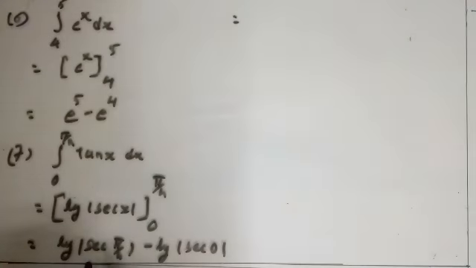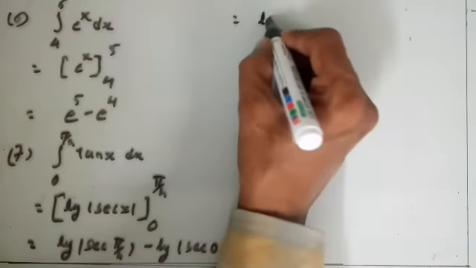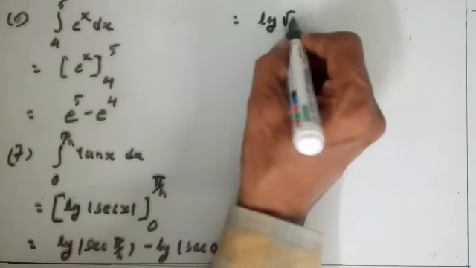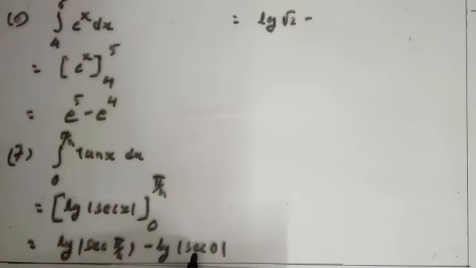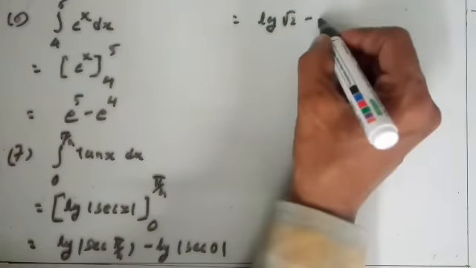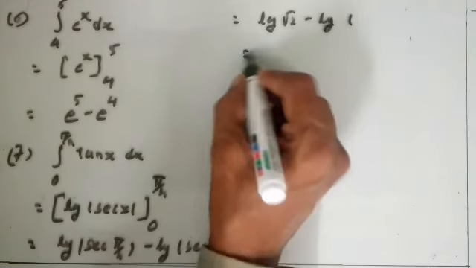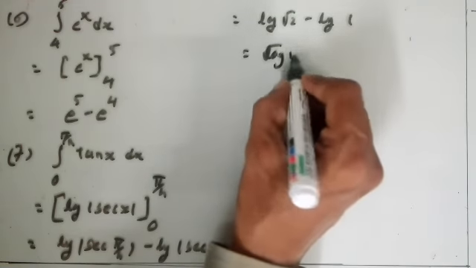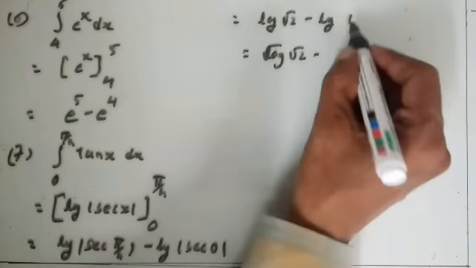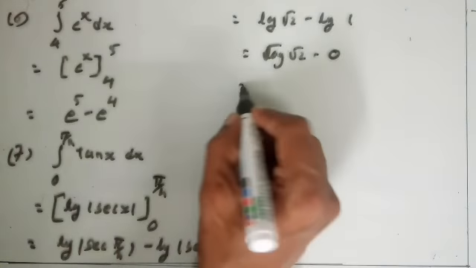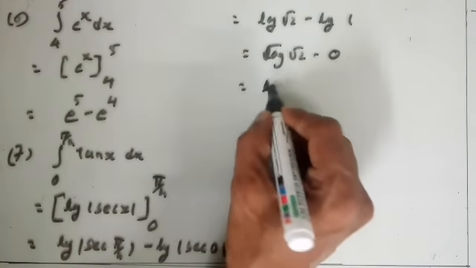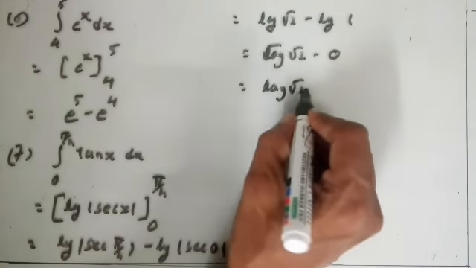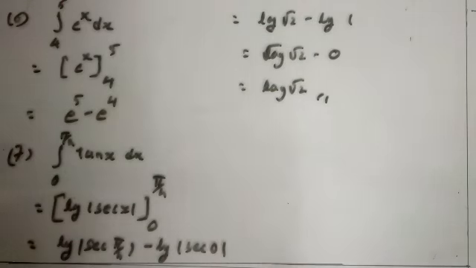So sec pi by 4 is equal to root 2. So here we get log root 2 minus log sec 0, which is 1. So log 1. So is equal to log root 2 minus log 1, and we know that is 0. So is equal to log root 2. Answer. Clear?